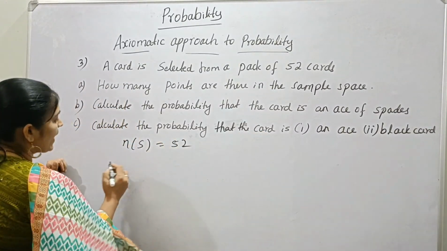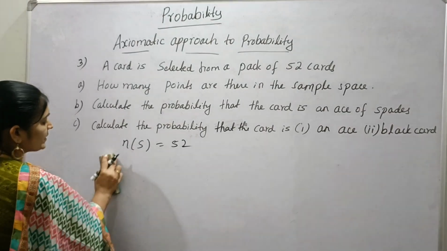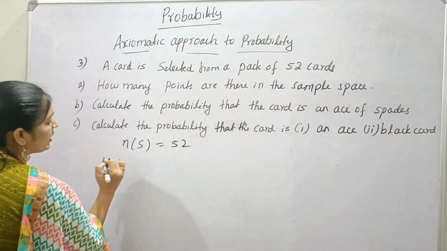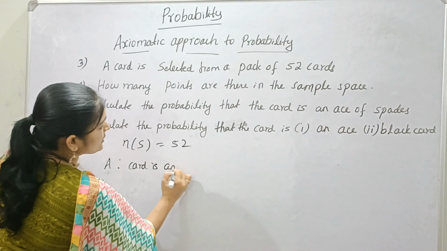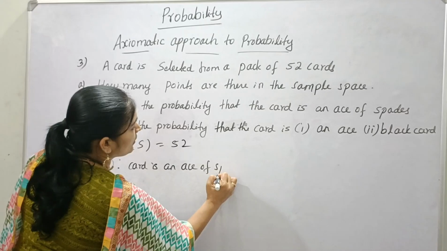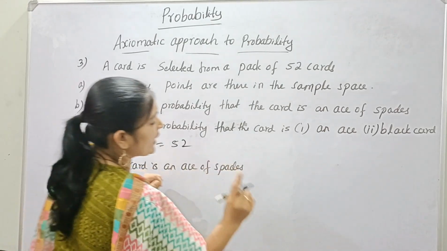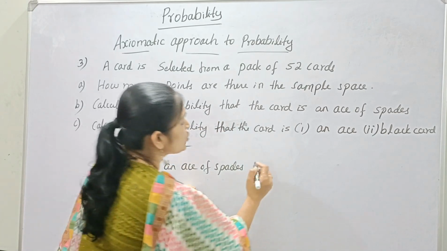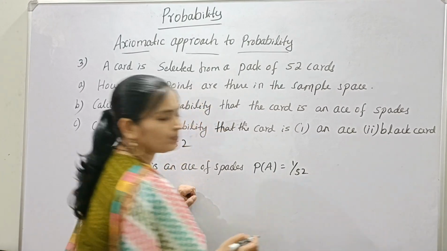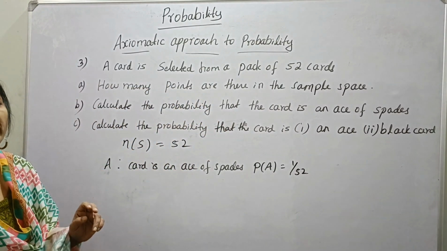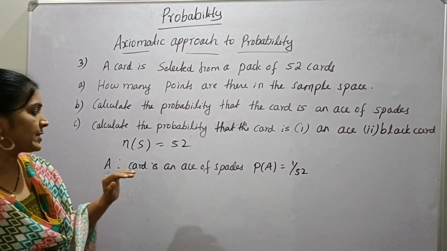Let this event be A, the card is an ace of spades. There is only one ace of spades out of 52 cards, so probability of A is equal to 1 by 52, because there is only one element in this event.